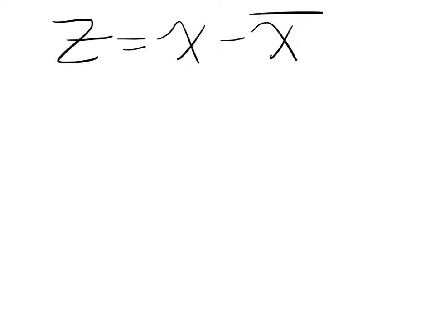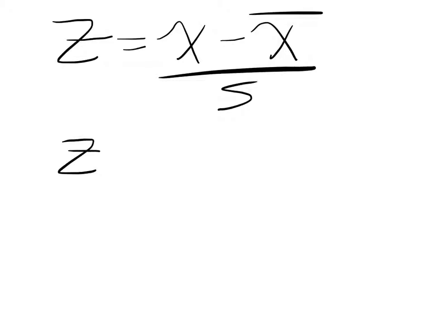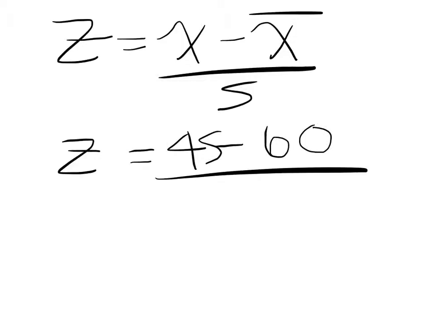Just to see how well we know it, let's try it again. So we're using the formula z equals x minus x bar, which is the mean, over s, standard deviation. Let's pick 45 as our x. So that's z equals 45 minus 60 over 15, our standard deviation.